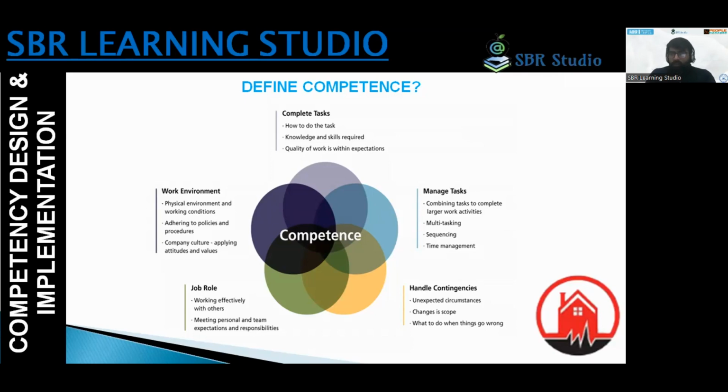It is the next level of the function. First you have to identify those. It is about managing the task too: combining tasks to complete. Number one, they have to be completed. Then there are larger work activities, where you have to arrange, connect, and communicate with people too. In a current task, that is not possible, which I am sharing with you.